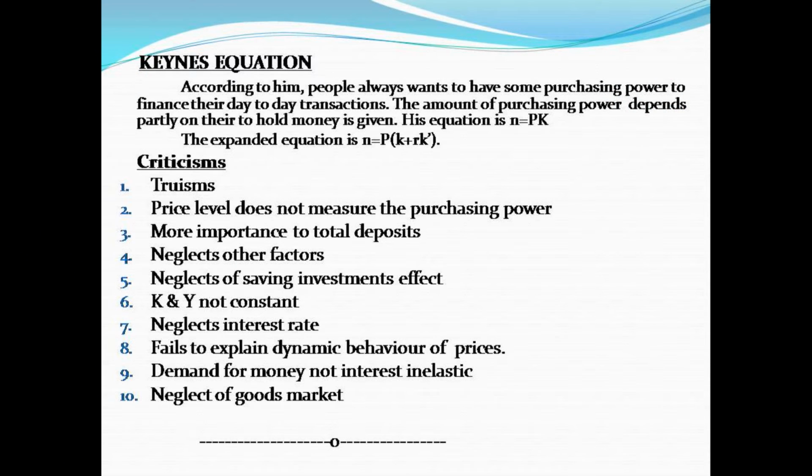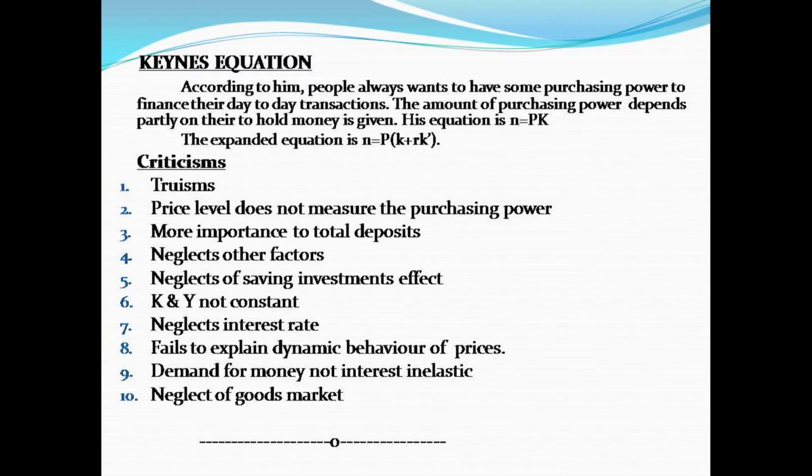Next, Keynes equation. According to him, people always want to have some purchasing power to finance their day-to-day transactions. The amount of purchasing power depends partly on their demand to hold money. This demand for money is measured by consumption units.